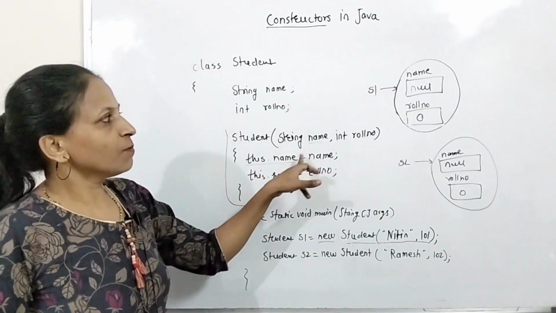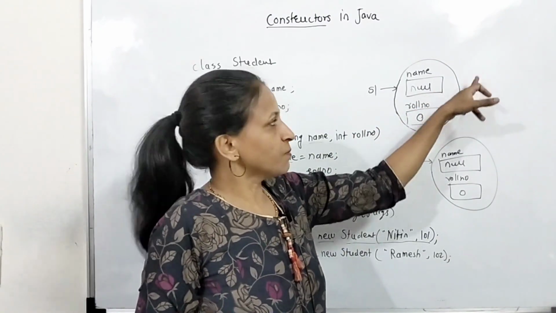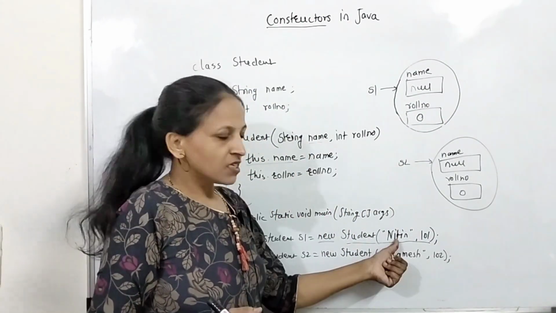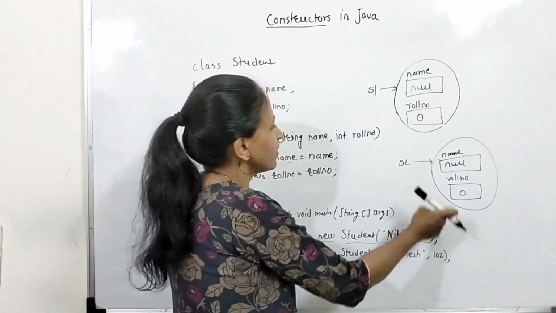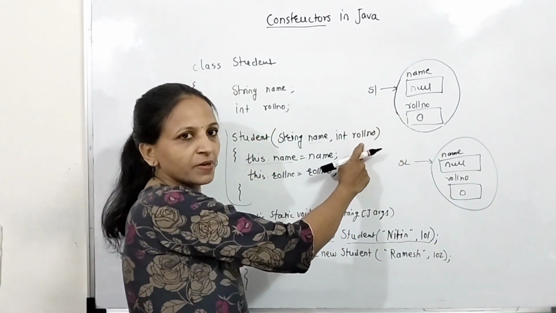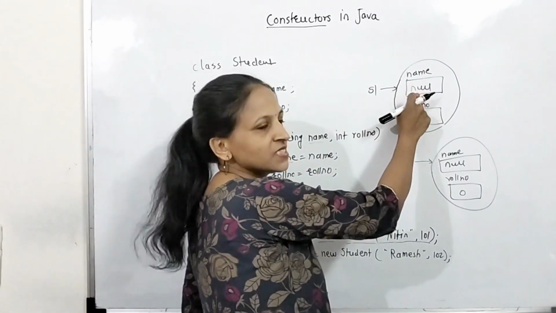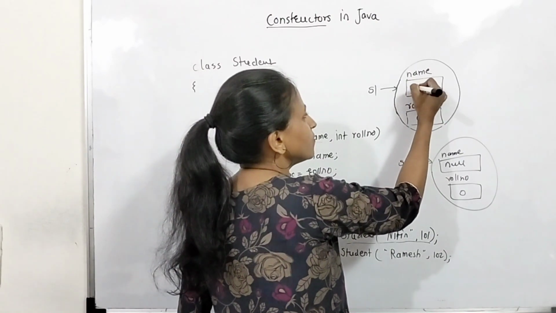Now this.name will refer to this data member, this memory location, is equal to name. Now name is nothing but Nitin, because Nitin has been copied inside name, and 101 has been copied inside rollNumber. Now Nitin will get assigned to this.name. This.name is this one, equal to Nitin now.